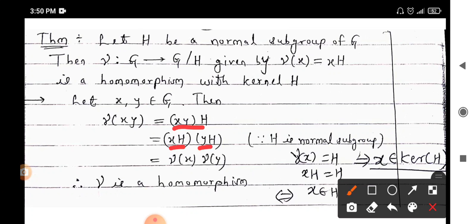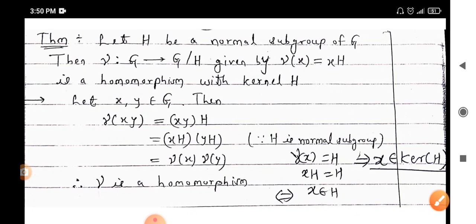Therefore XH is nothing but gamma of X, YH is nothing but gamma of Y, so gamma of XY equals gamma of X into gamma of Y. Hence the mapping gamma from G to the factor group G by H is a homomorphism. Now the next claim is to prove that the kernel of that mapping is nothing but H.